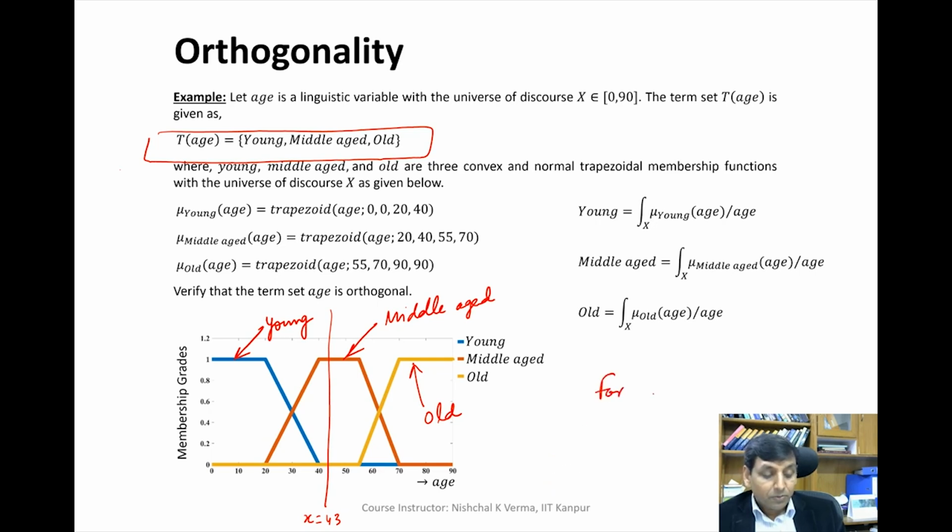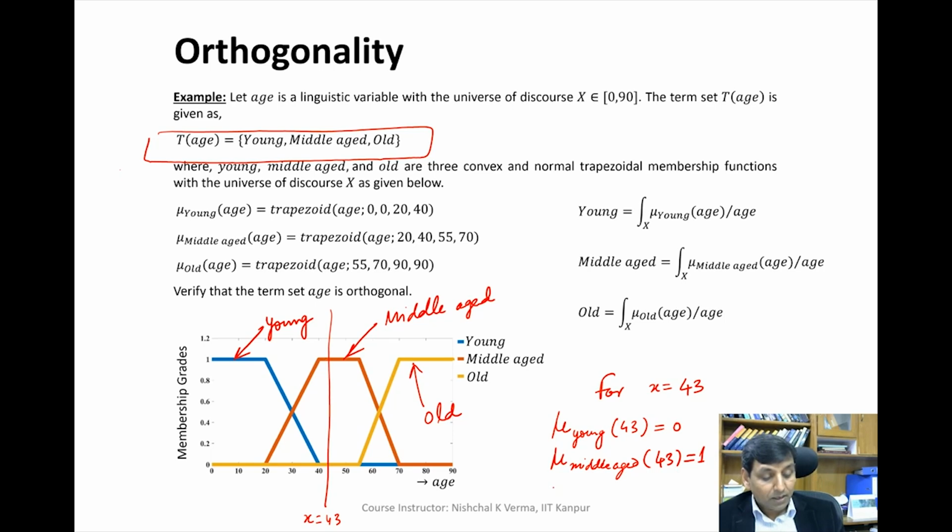For x is equal to 43, mu young of 43 is 0. Mu middle-aged of 43 is 1. You can see here the membership value corresponding to x is equal to 43.